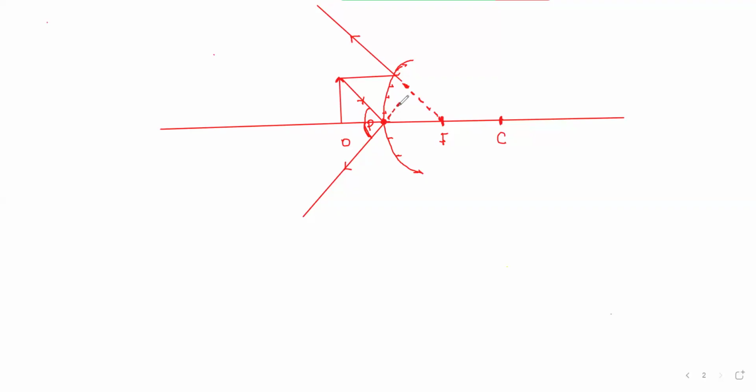That's why I'm also using a broken line for this. You must use a straight edge to draw the broken line. This is where they appear to be meeting. So the image would be here. This is the image I.